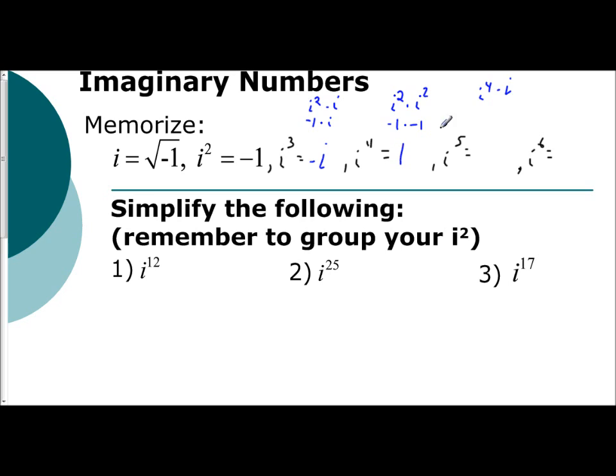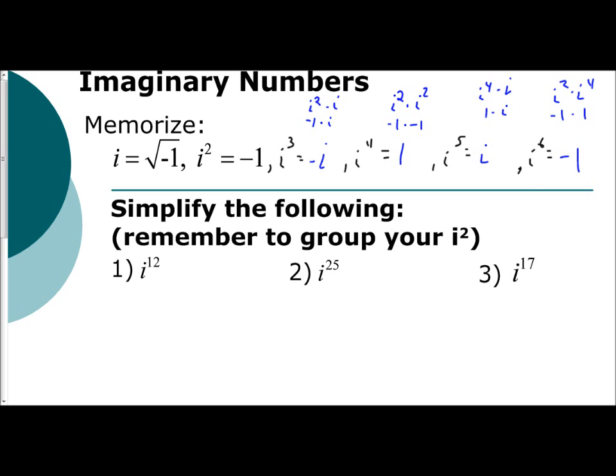And i to the fourth we found out is 1, and 1 times i is i. And if you were to look at i to the sixth, it's going to be i squared times i to the fourth. i squared is negative 1, i to the fourth is 1, so you get negative 1.